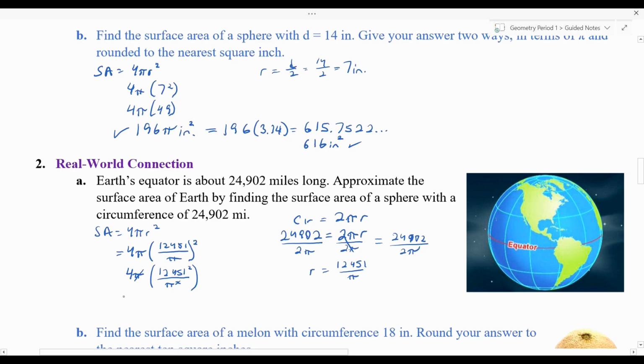And this cleans up even better to 4 times 12,451 squared over pi. Okay, and when we multiply those, we get this huge number over here, 197,387,017.5.